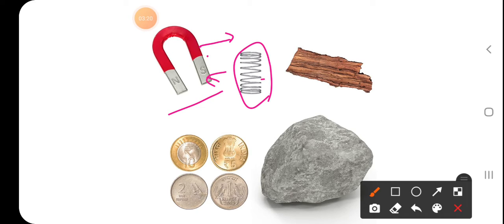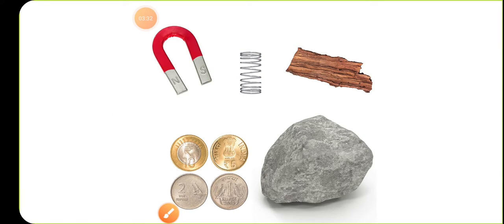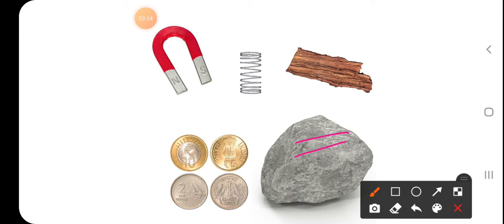That means the magnet and spring are not in contact with each other, but due to the magnetic force, the spring is pulled towards the magnet. Whereas when you rub the wooden block on the stone, the wooden block and stone are in contact with each other. So remember the word contact.